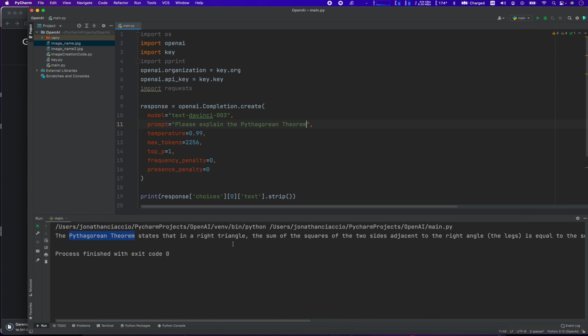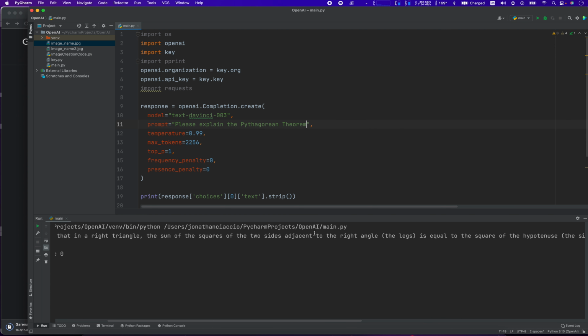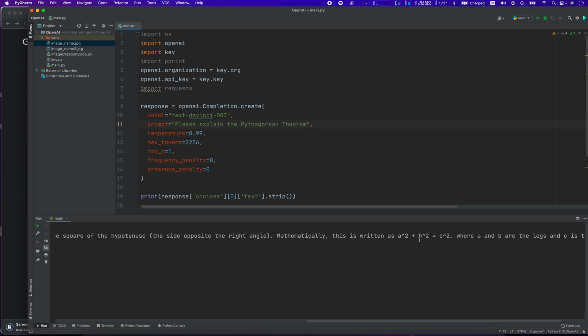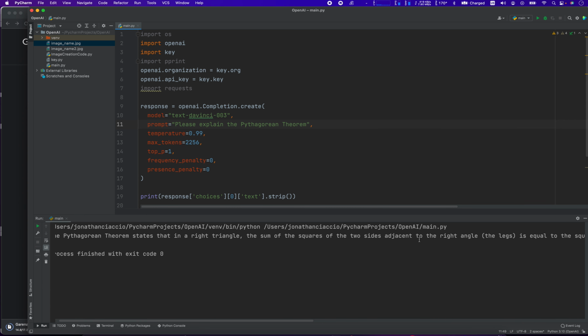The Pythagorean theorem states that in a right triangle, the sum of squares of the two sides adjacent to the right angle, the legs, is equal to the square of the hypotenuse. Mathematically, this is written as a squared plus b squared equals c squared, where a and b are the legs and c is the hypotenuse. Interesting. Yeah, so you can ask it for some solid responses.